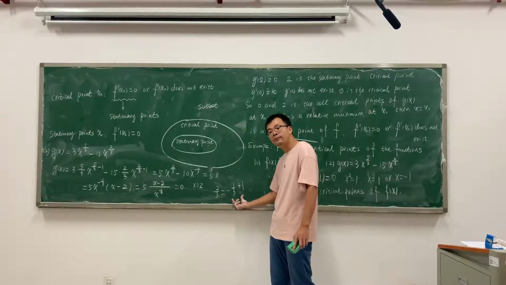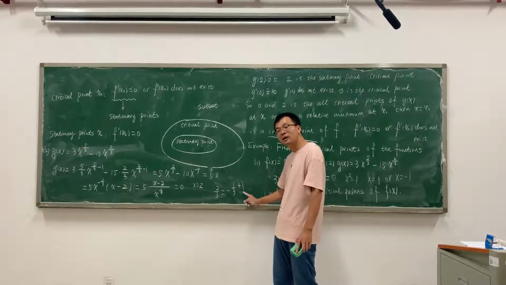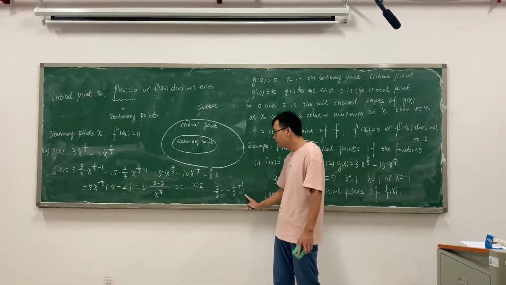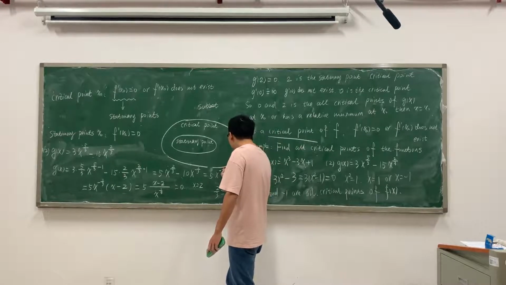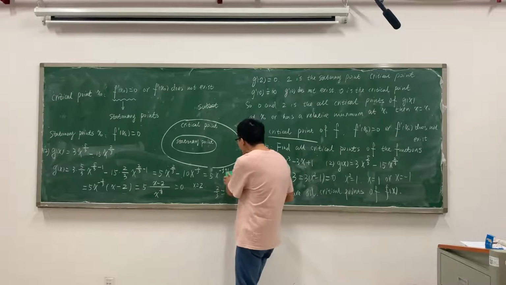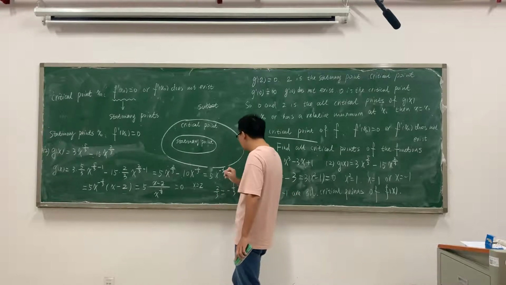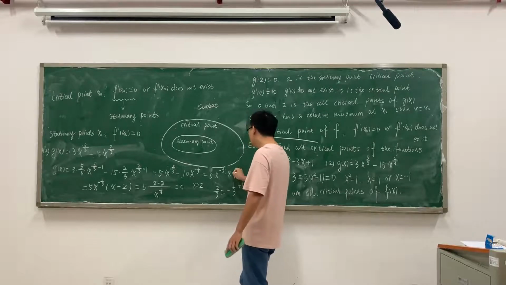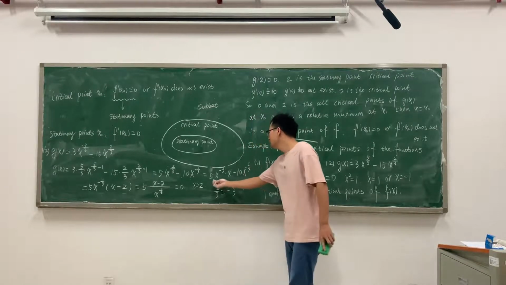So x to the power minus 1 by 3 times x. Understand?